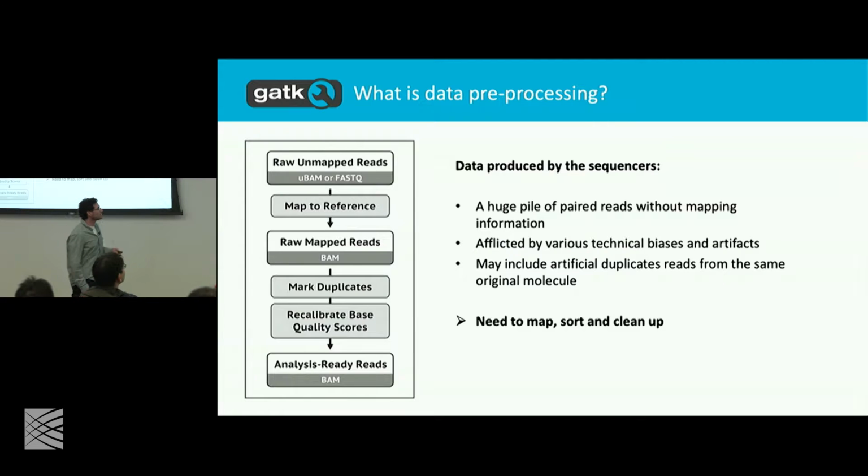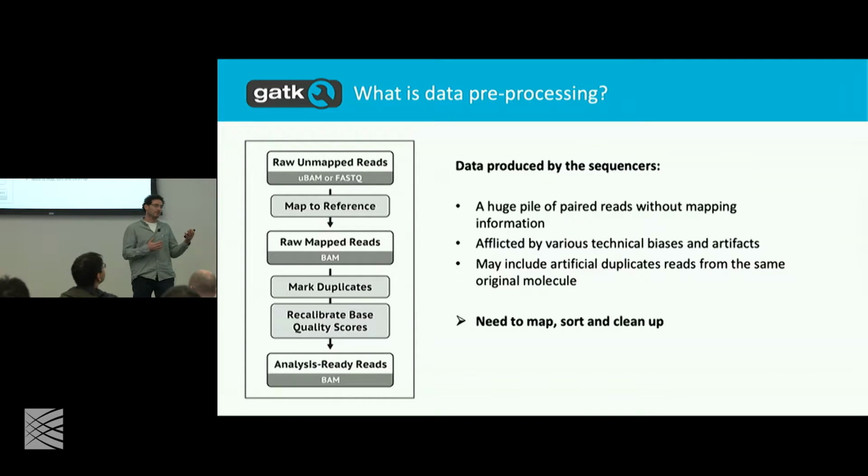Right, and as a reminder, when the data comes off the sequencer, it's a pile of reads that has no mapping information. It's sorted by, it's a physical sorting. It's sorted by the position on the sequencer, basically. And it has technical artifacts and biases. It has duplicates.